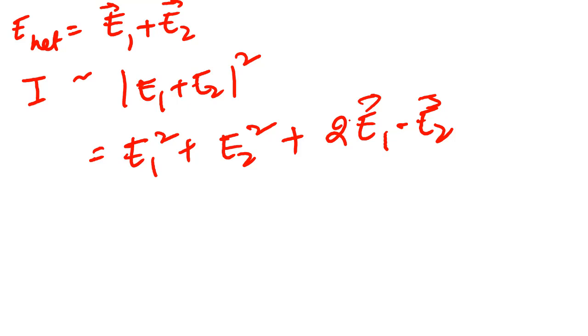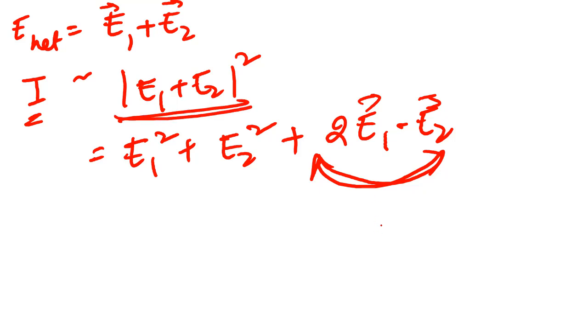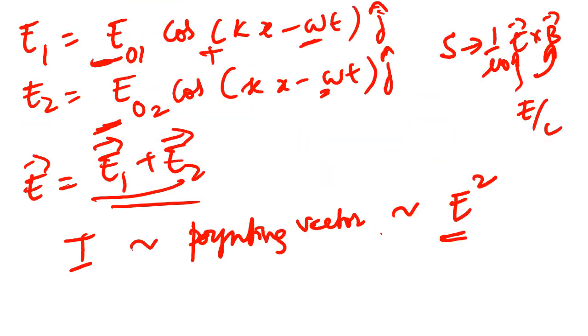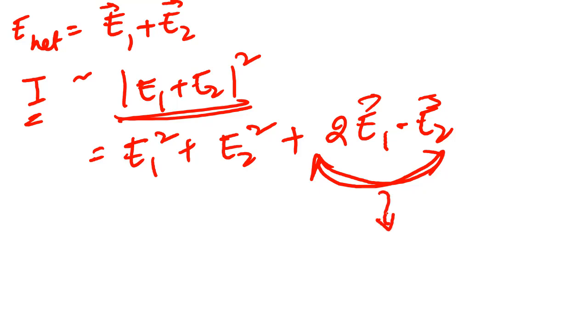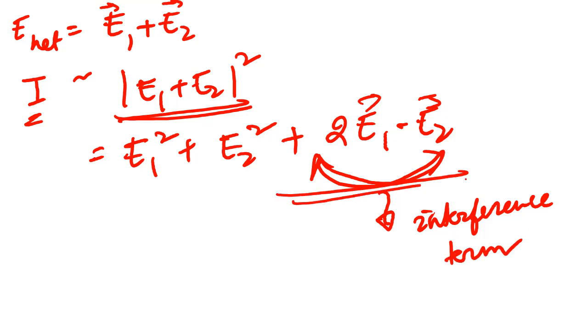Because intensity goes as the square of the electric field, this extra term is what we call the interference term. It is because of this term that you see interference phenomena in light.